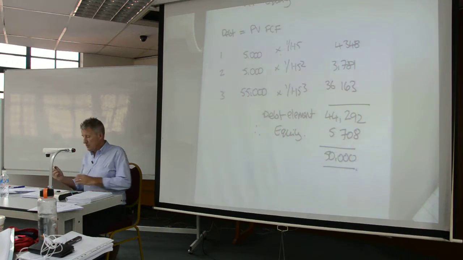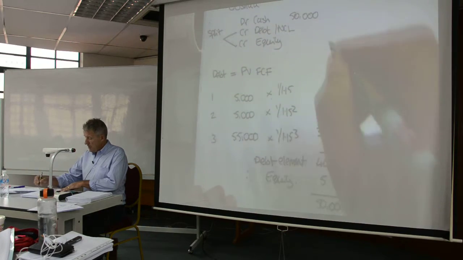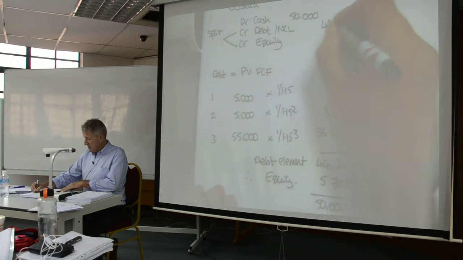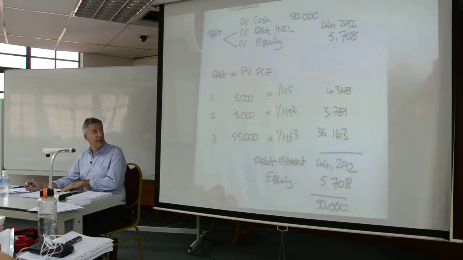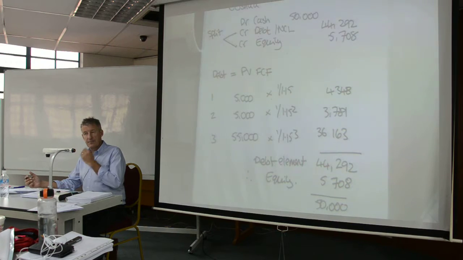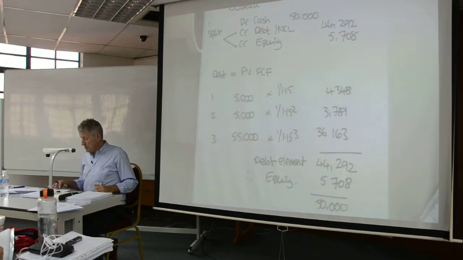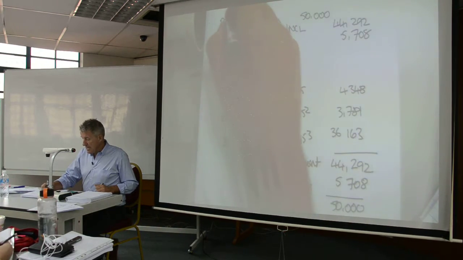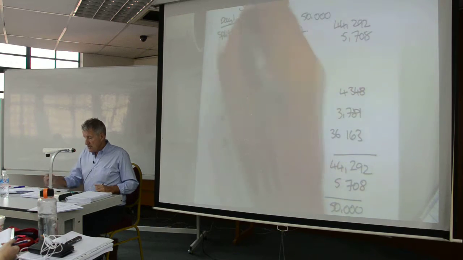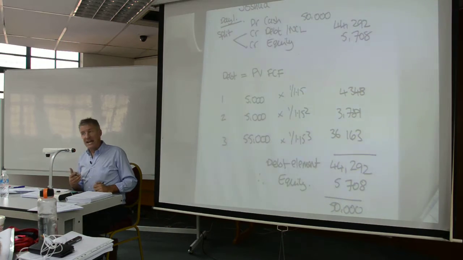So if you like your journal entries, you are crediting debt liability by 44,292 and you're crediting equity by 5,708. So that would be your double entry there. But this is all happening on day 1. So this is when you raise the finance.